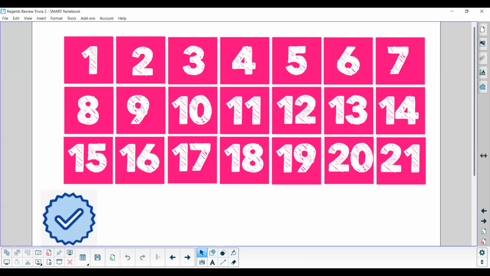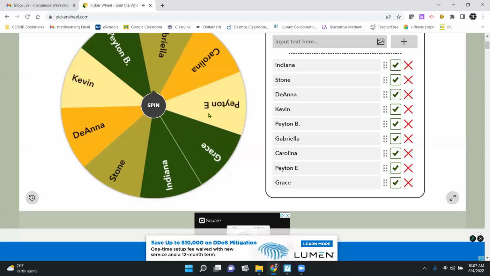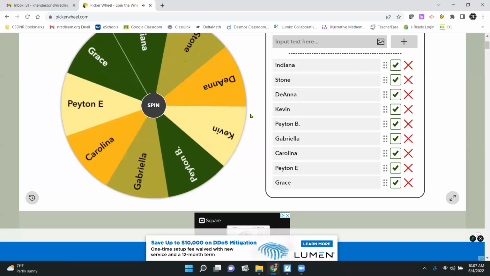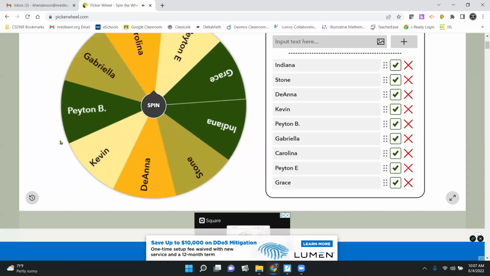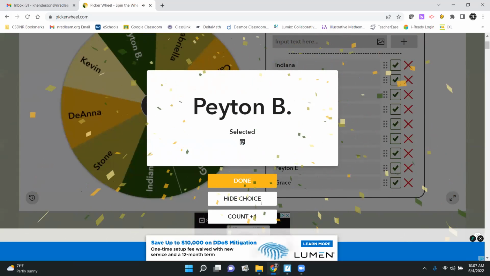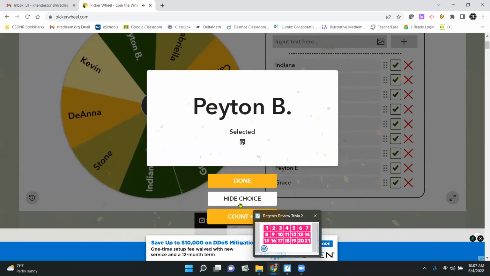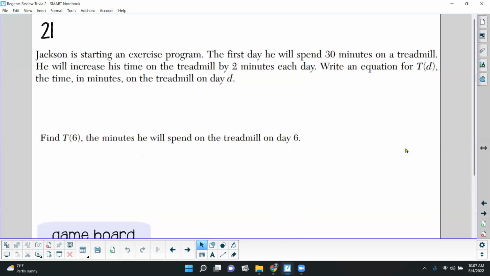First one up to pick, the lucky first winner is Peyton Buchanan. All right, Peyton, pick a number from 1 to 21. She picked 21.